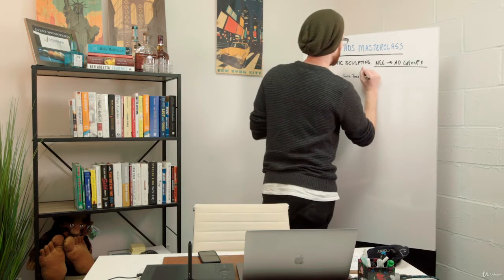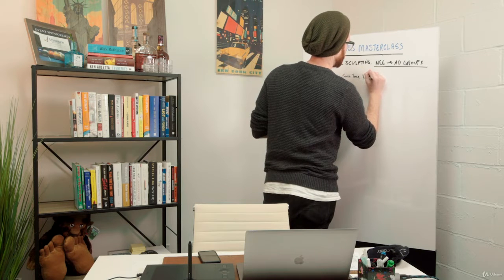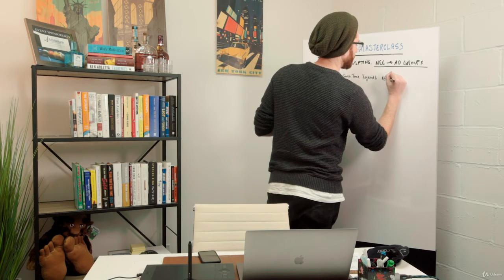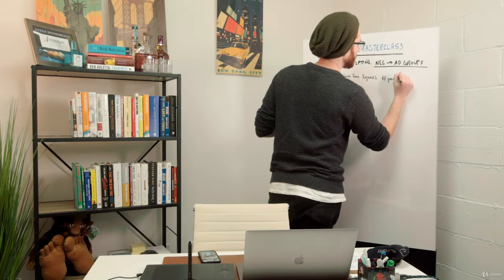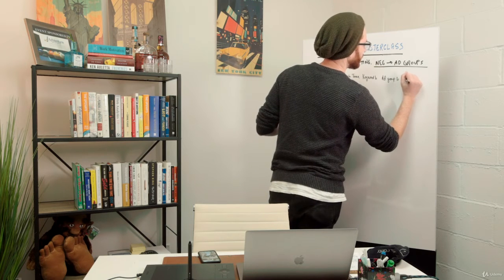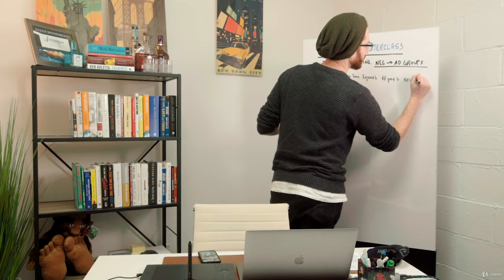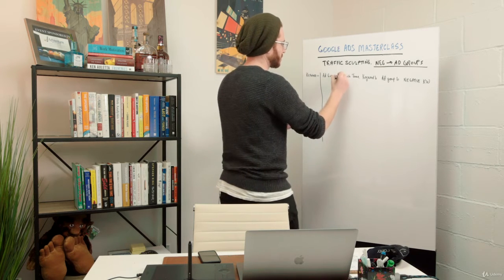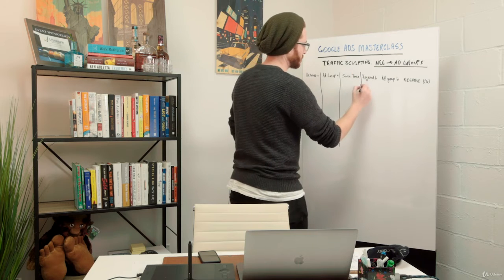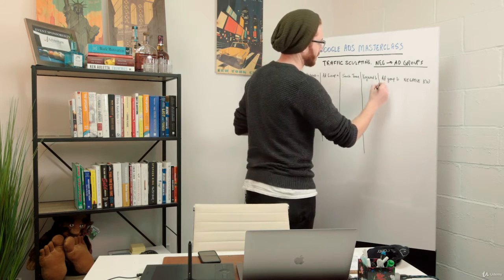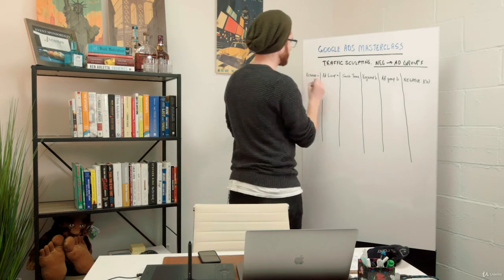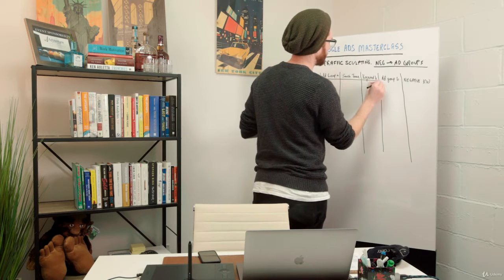Then we have keyword B. Then we have ad group B. And then we're going to have negative keyword. Okay, and we're going to do a couple examples. I'm going to try to make these lines as straight as possible. I'm an abstract artist, so I can't really draw straight lines, but this is not too bad. I think we get the basic idea.